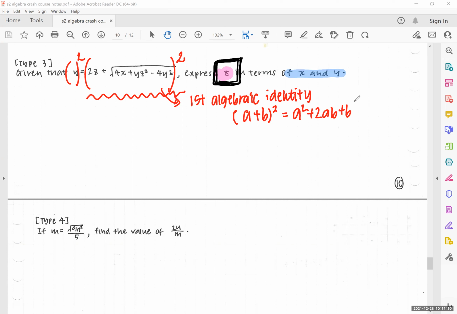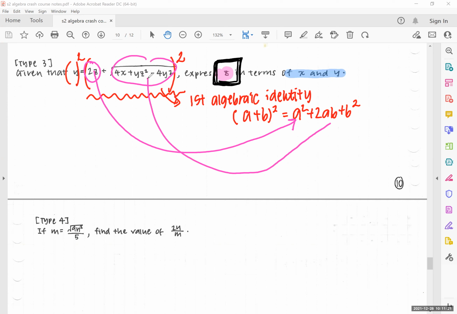So who's the A? 2z. The A is 2z, which means you need to copy and paste it here. And who's the B? This whole thing, copy and paste and put here and here.